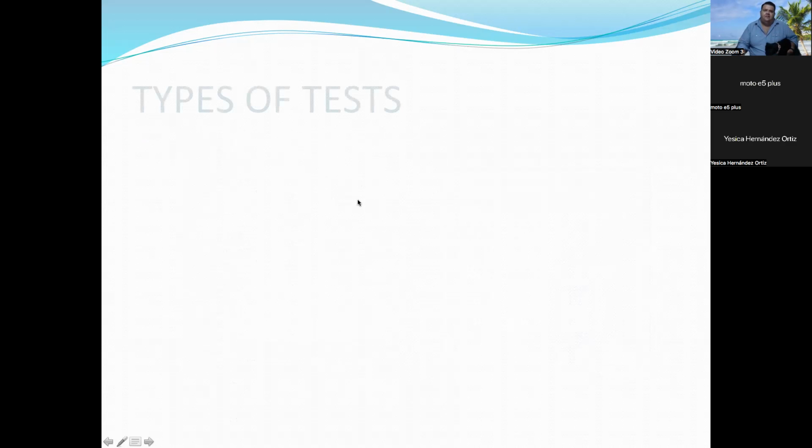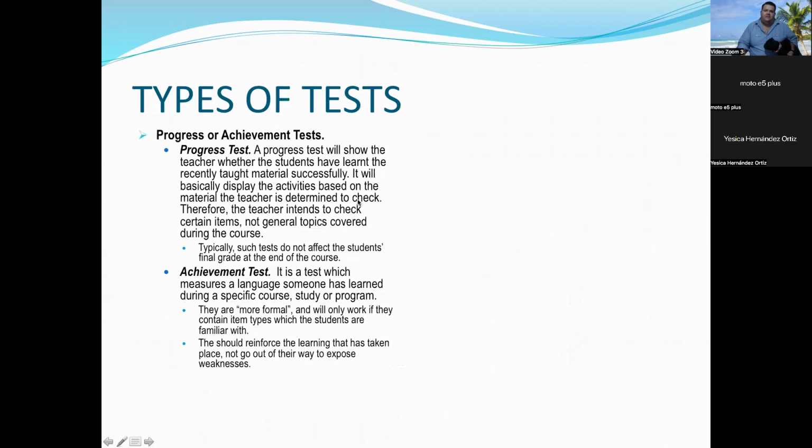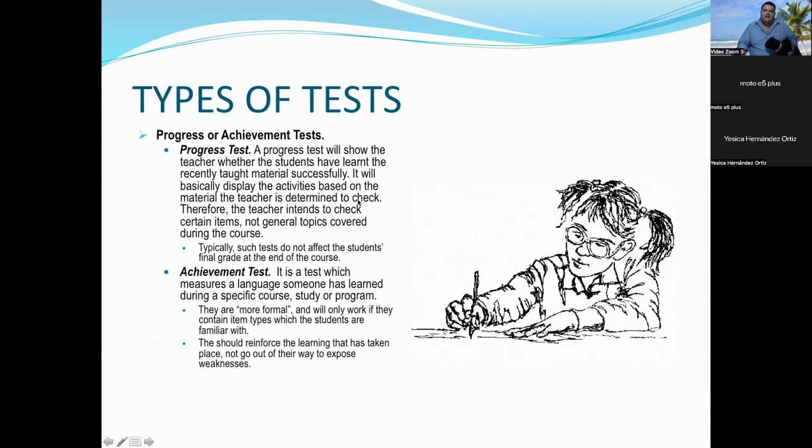Now, progress or achievement tests. A progress test will show the teacher whether the students have learned the recently taught material successfully. It's very similar to the diagnostic. It would basically display the activities based on the material the teacher is determined to check.